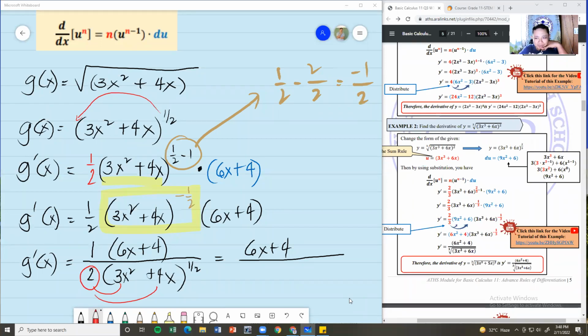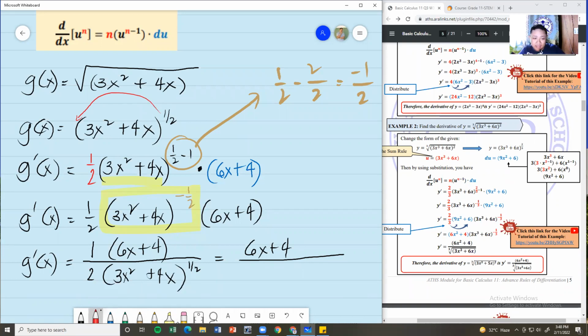Okay, what's the answer here? Of course, we cannot. We cannot distribute 2. Why? Because 3x squared plus 4x are raised to an exponent, which is 1/2. So you can never distribute 2 to those terms inside that parenthesis with exponent.